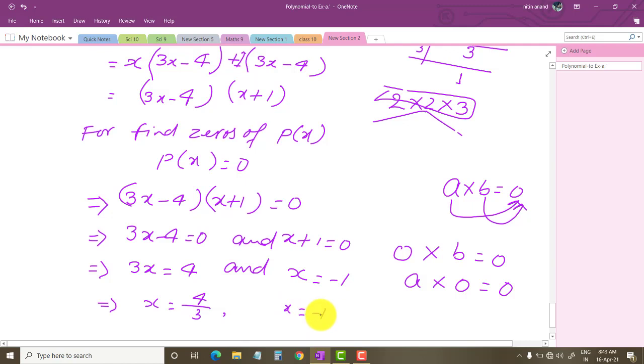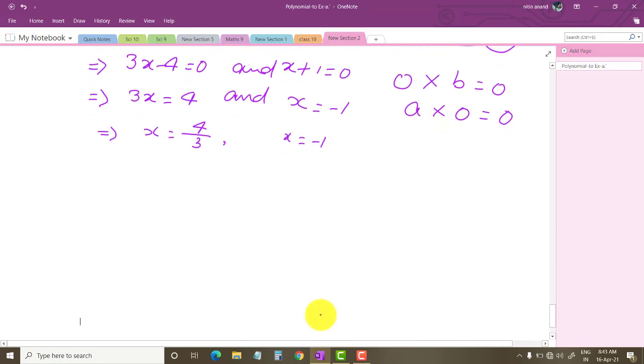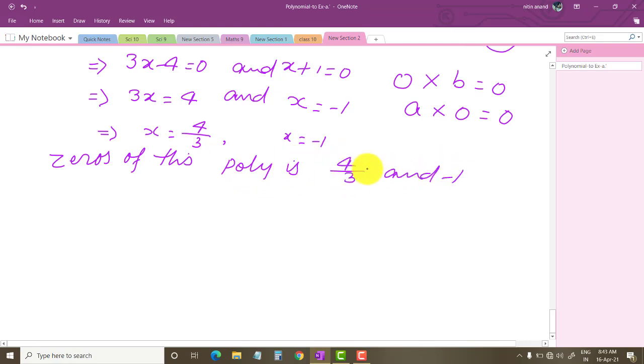Now we will write the zeros of this polynomial: the zeros of this polynomial are 4 by 3 and minus 1.